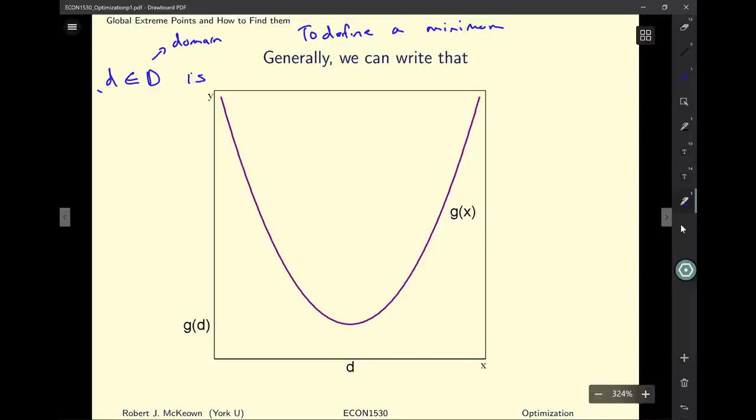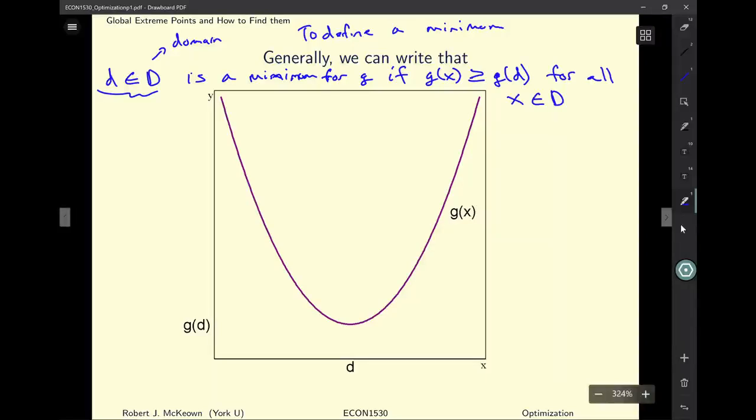This whole thing here, or the point D specifically, is a minimum for G if G of x is larger than or equal to G of D for all other x in the domain D.